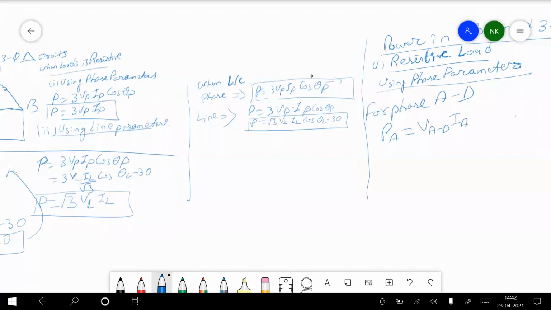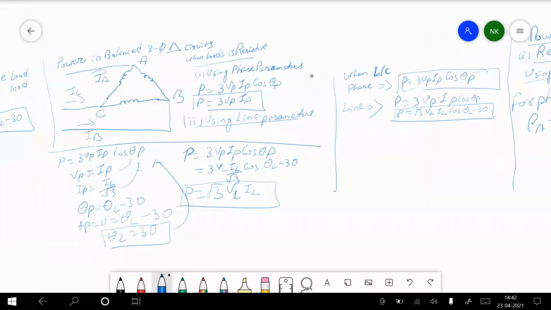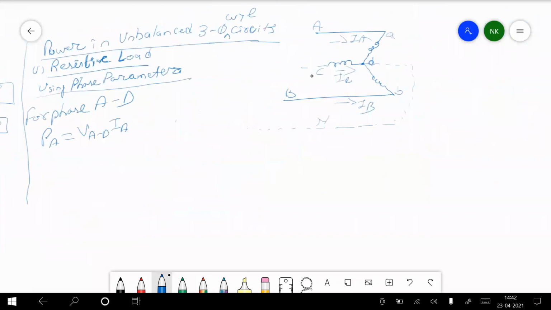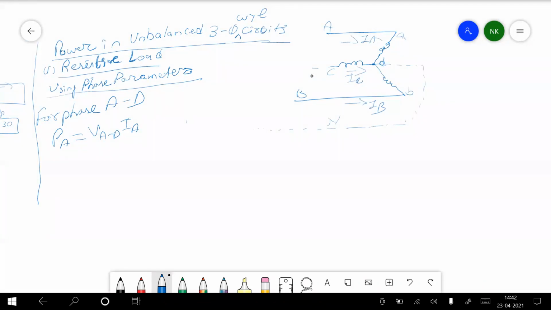Tell me. In Y connection, the known parameters are VP equals VL by root 3 and IP equals IL. This you have to keep in mind very clearly.